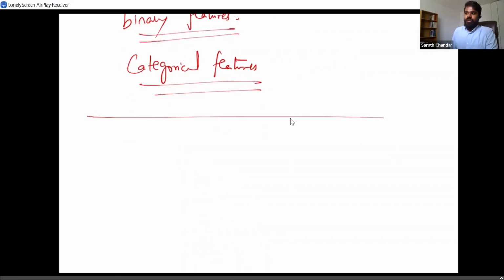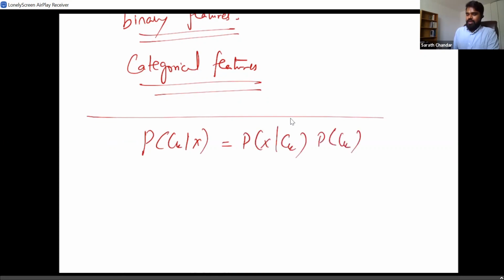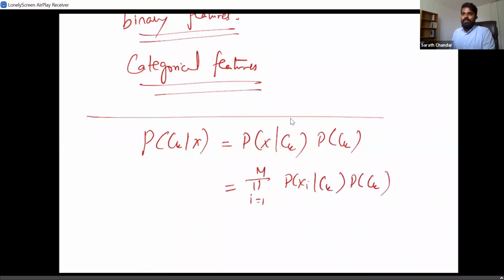Okay, so now let's go back to the text classification example. So remember that P of c_k given x is equal to P of x given c_k, P of c_k, and there is a normalization term which I'm not considering for now. So this is equal to product over i is equal to 1 to m, P of x_i given c_k, P of c_k, right?